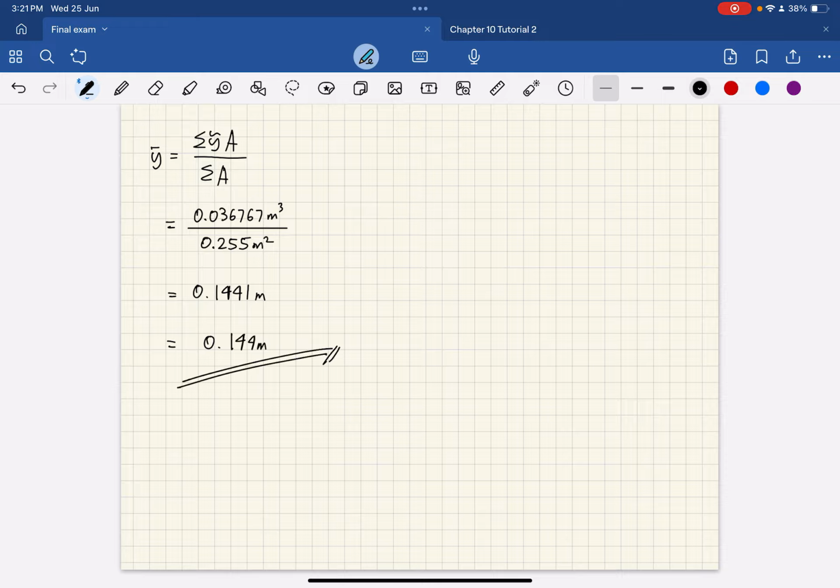So yeah, this is your y bar from the axis. So this is your first answer.